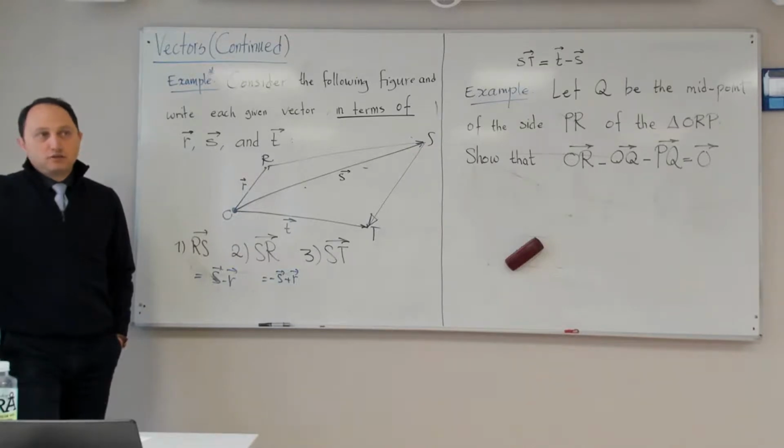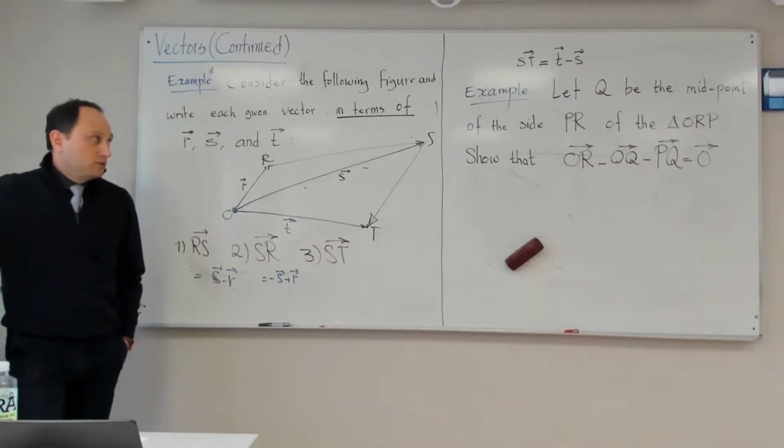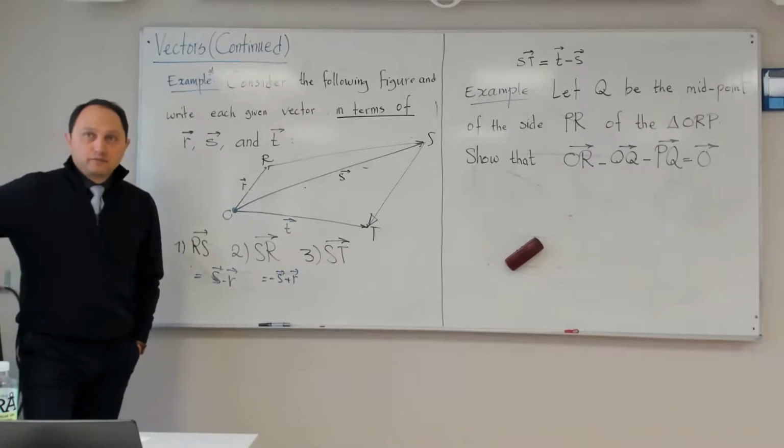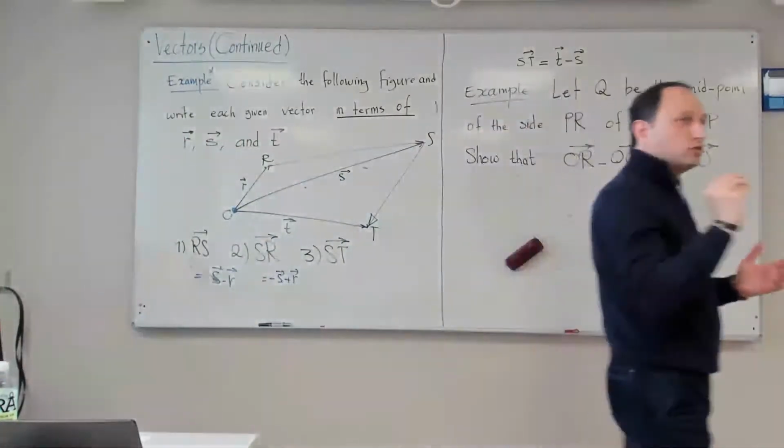Any ideas? Which part can be done? Yes? OQ and PQ. OQ and PQ, not exactly. Unless you motivate me, why? Because I don't see it directly. Because it's very important, first of all, you need to respect the rules.